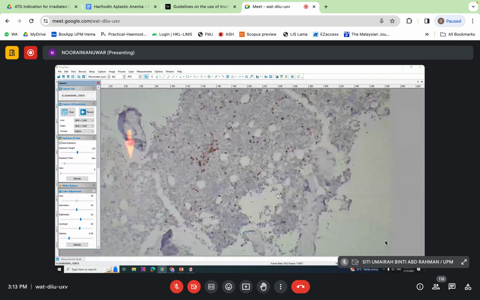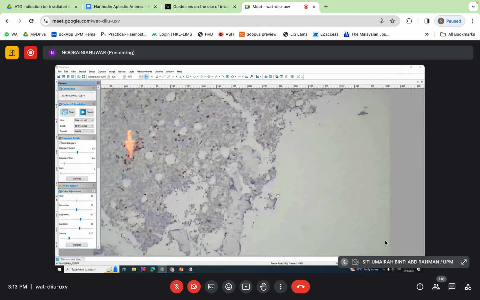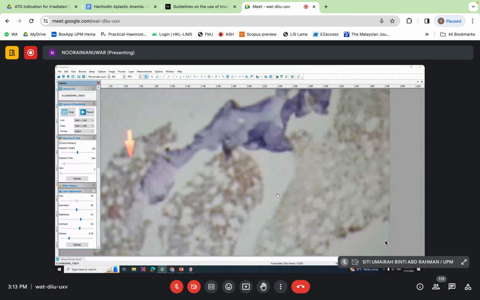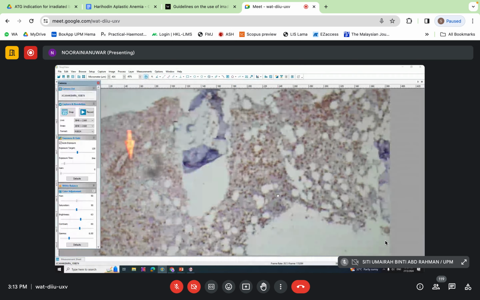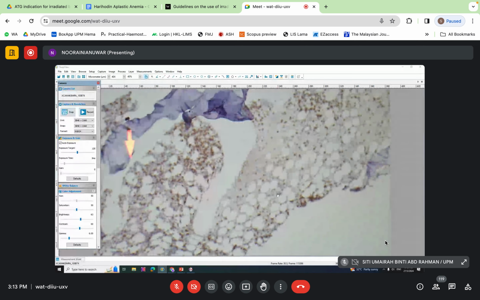So there are no clonal B cells or clonal T cells seen. For CD3, also scattered. It's not aggregates.